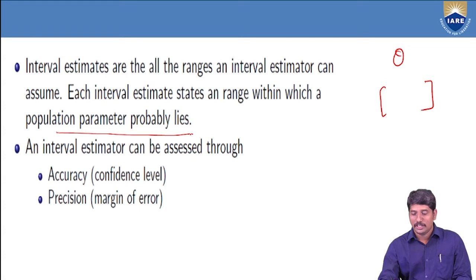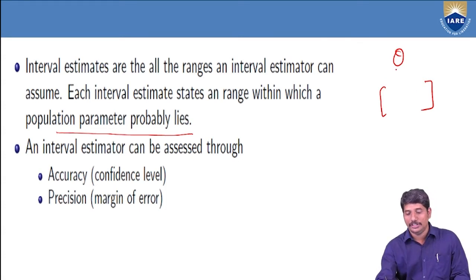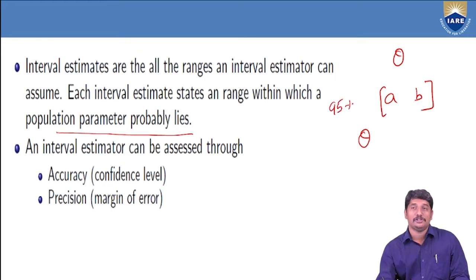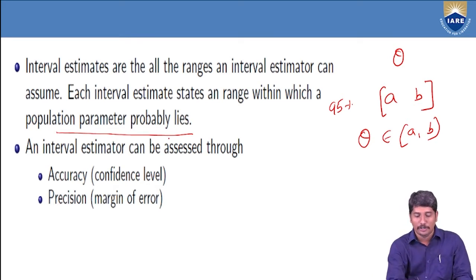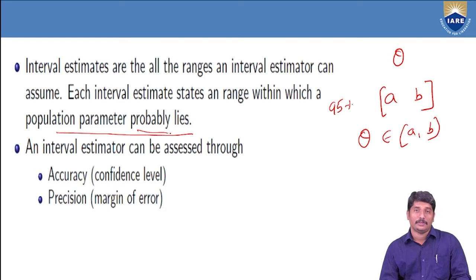That means if you say that the interval estimate of theta is some a and b, you are saying that theta has a very high probability, say 95% or 99%, of falling in the closed interval a, b. So in interval estimation, we express the value of the population parameter theta as an interval, but to some possible extent, which is called the probability of confidence, like 95% confidence or 99% confidence.